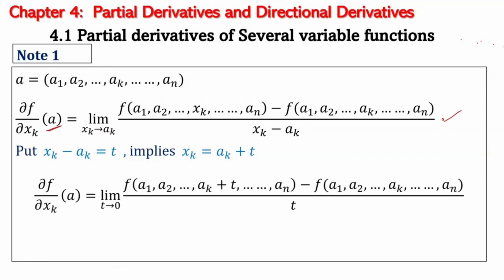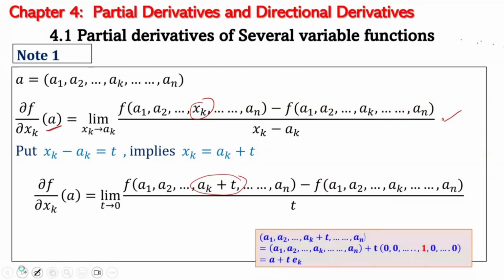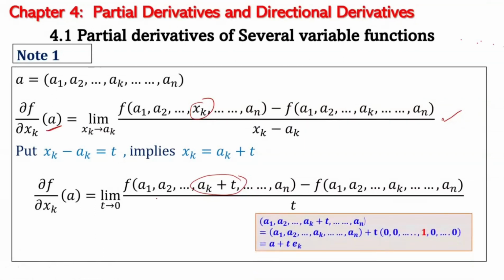So after that, what will we get? The derivative of f with respect to xk at the point A is equal to this, where x is replaced by ak plus t. The remaining part is the same. So now our task is to write this part.